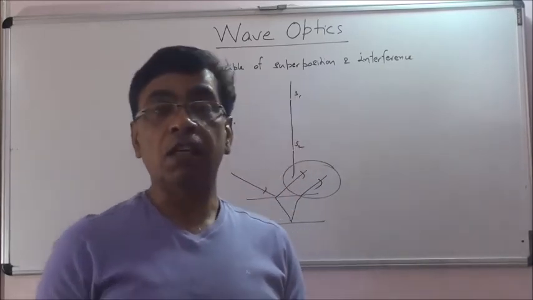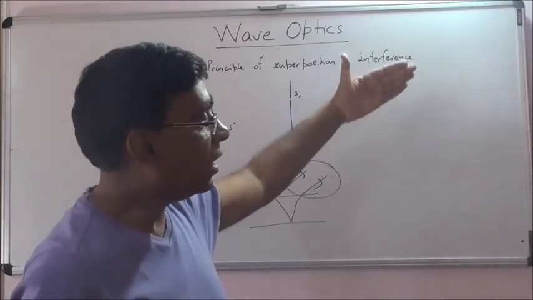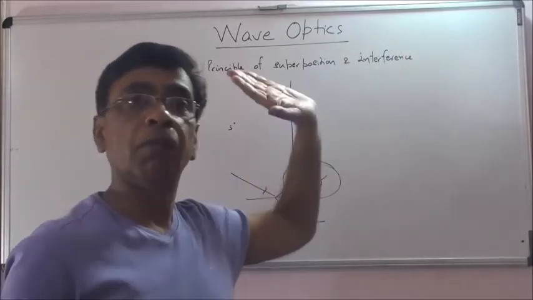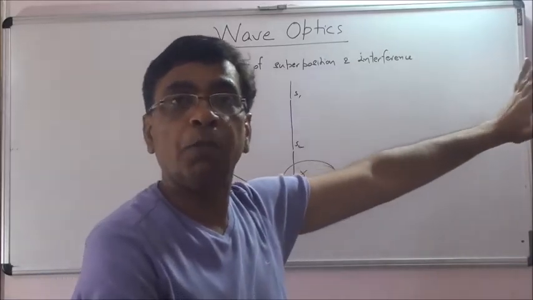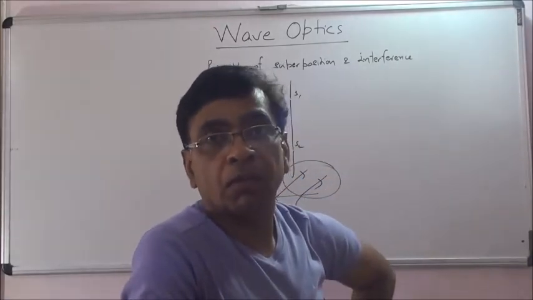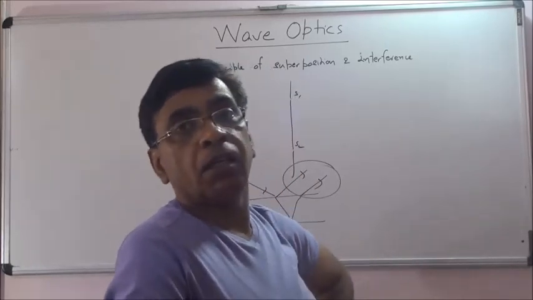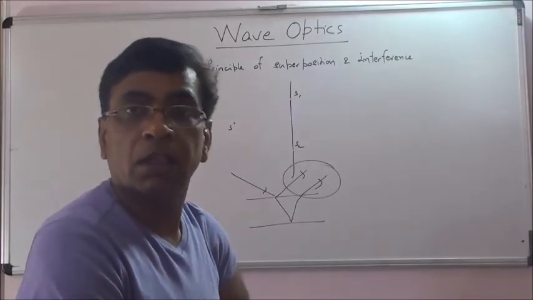We will discuss Young's double slit experiment, and then whatever we have done so far logically, that for maxima the path difference should be n lambda, for minima it should be an odd multiple of lambda by 2, we will derive it mathematically by taking two wave equations. That I will cover in the next class.